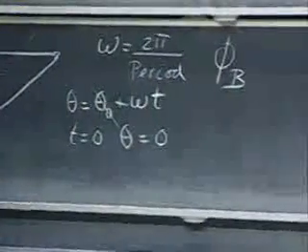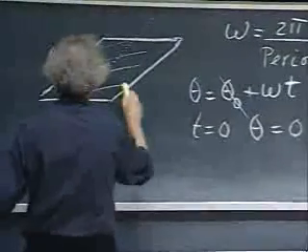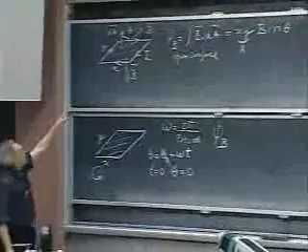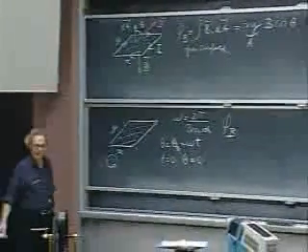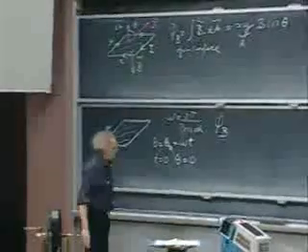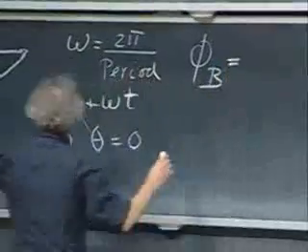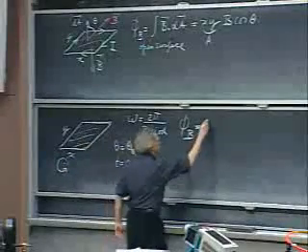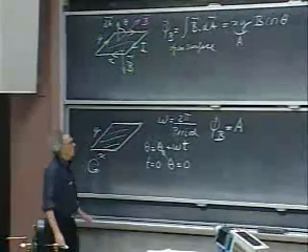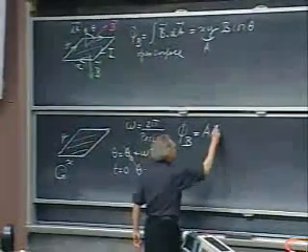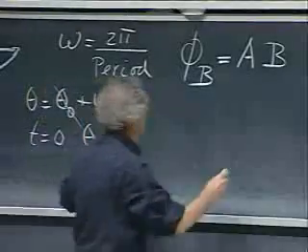I have to commit myself to a surface. Well, I will just choose this flat surface. Just like I did there, I chose that flat surface. I'm free to choose any surface. Why not take the flat one? And so the flux through that flat surface is then the area, which is x times y, the area of this loop. And then I have the magnetic field. And then I have cosine omega t.